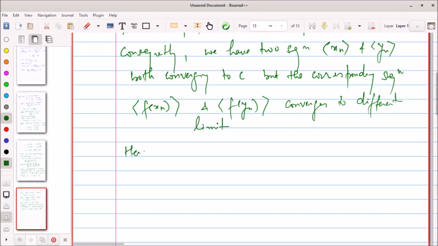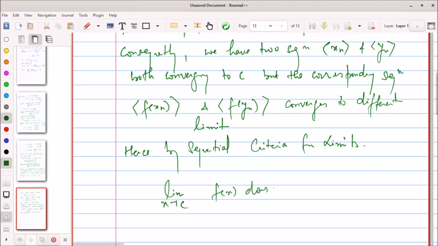Hence, by the sequential criteria for limits, the limit as x tends to c of f(x) does not exist in R. So question number 4 is solved.